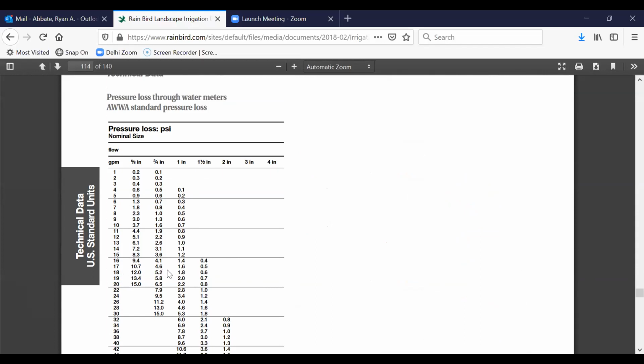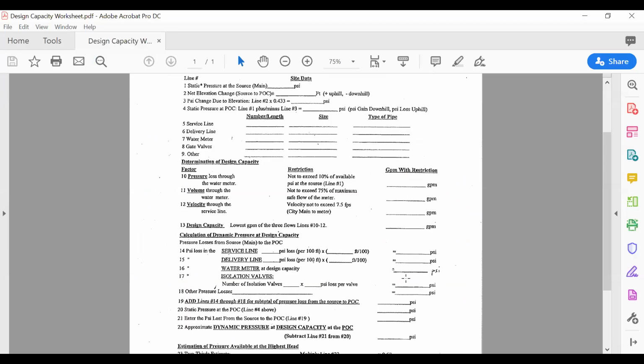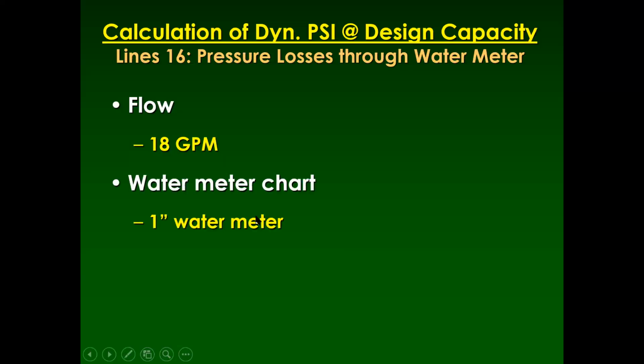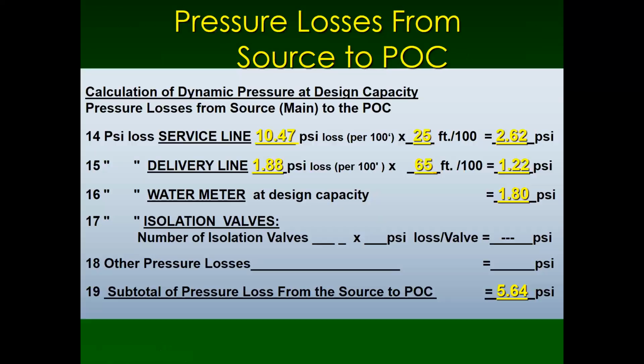So we should have 1.8 PSI loss through that meter. So we should record 1.8 in this chart. Again, water meter, 1-inch meter, PSI loss, 1.8 PSI.